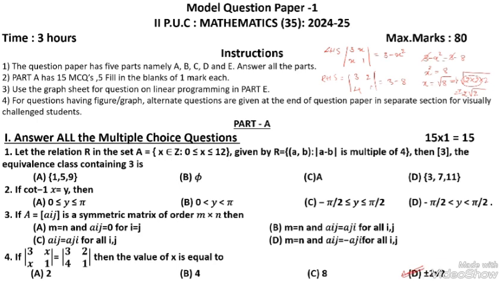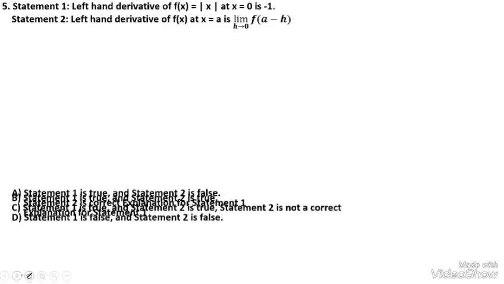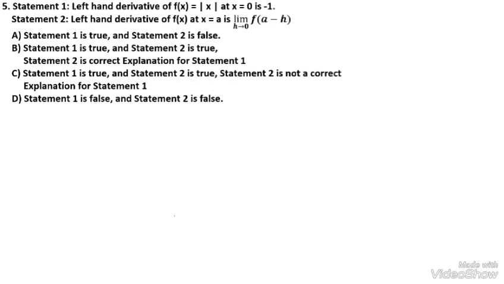Okay. Let's move on to the next question. Question number 5. First statement, left hand derivative of f of x. Here we know the definition of the derivative. What is that?